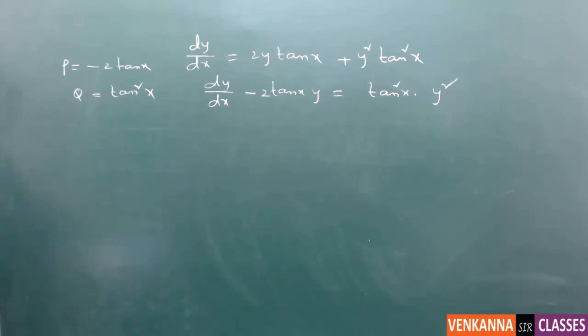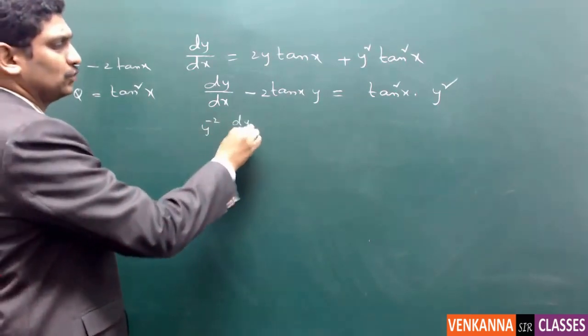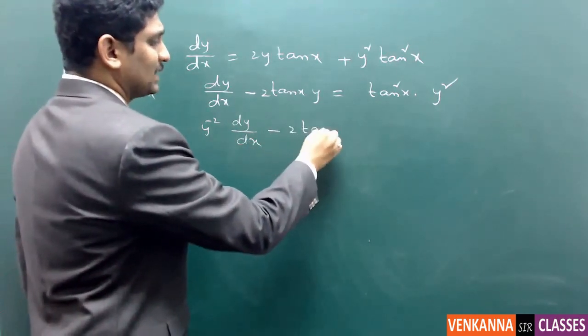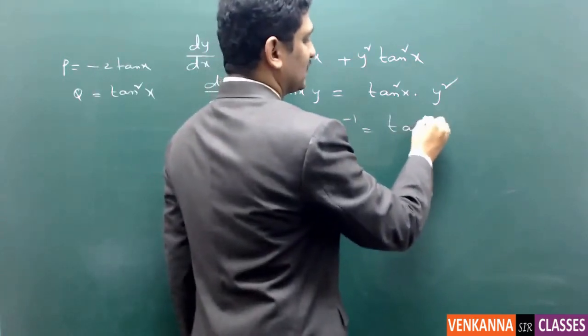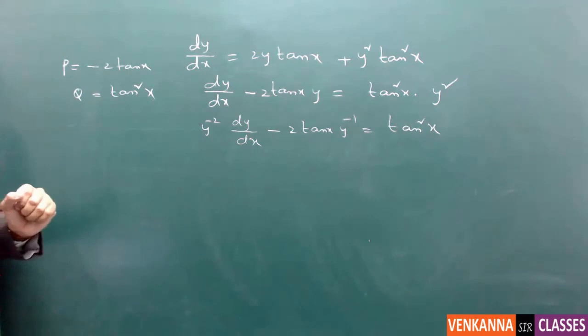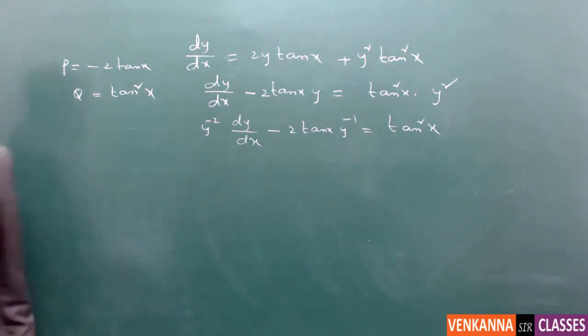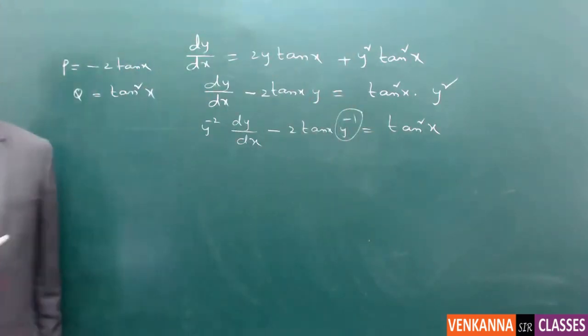So divide with y square on both sides. So y power minus 2 into dy by dx minus 2 tan x into y power minus 1 is equal to tan square x. For the conversion, we do the same earlier procedure, taking y power minus 1 equal to z.